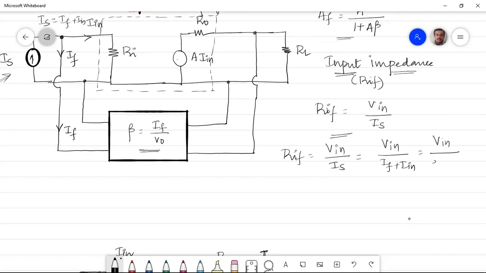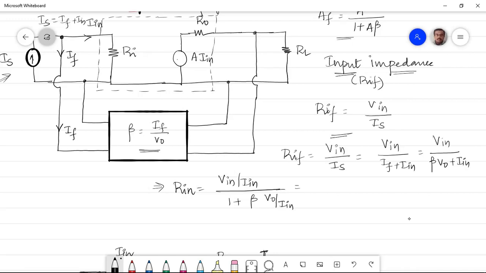So I'll write beta times V0 plus In. I can still further make changes here. I can divide both the numerator and denominator by In. Let's do it. So when I divide both numerator and denominator by In, I get Vn divided by In, whole divided by 1 plus beta V0 divided by In. This is what I get.